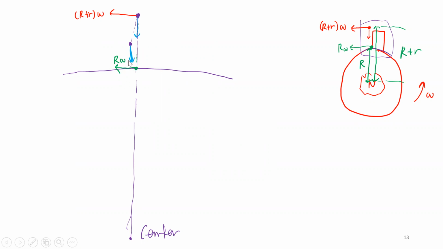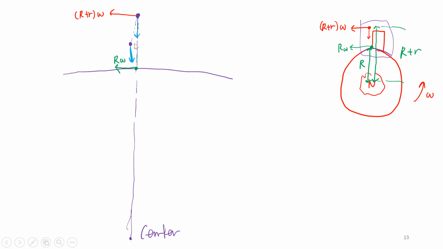There's a little component to this side, which in some sense will also slow down this velocity a little bit.